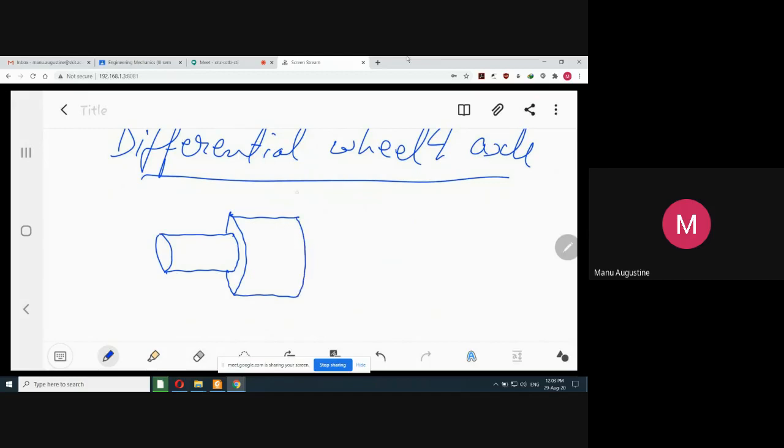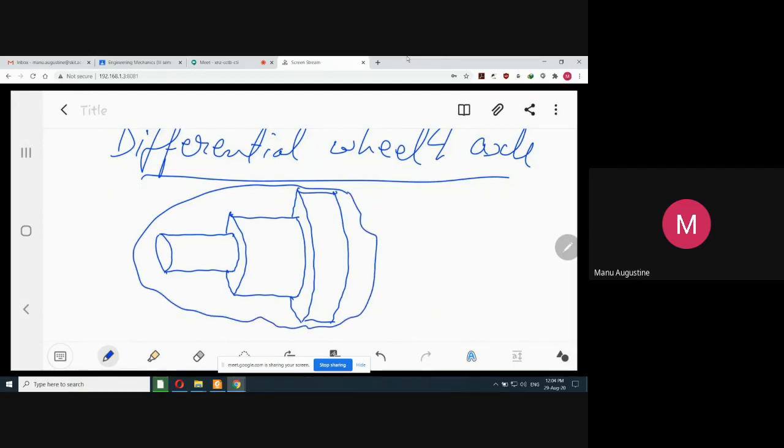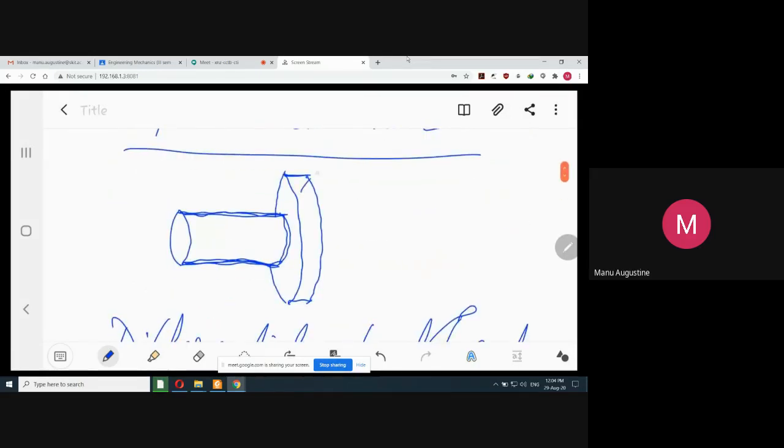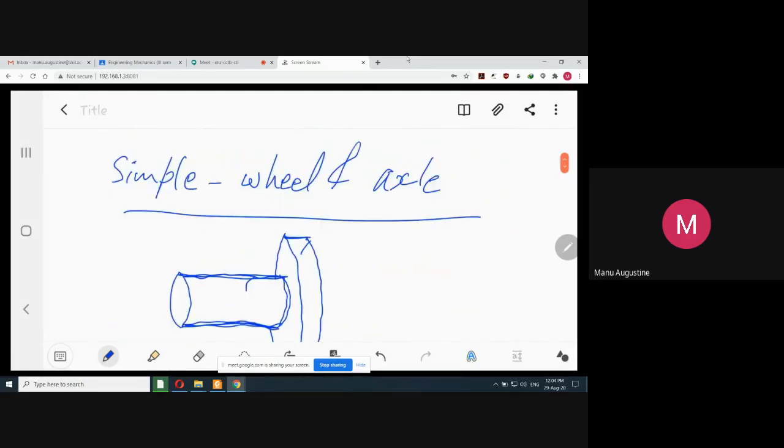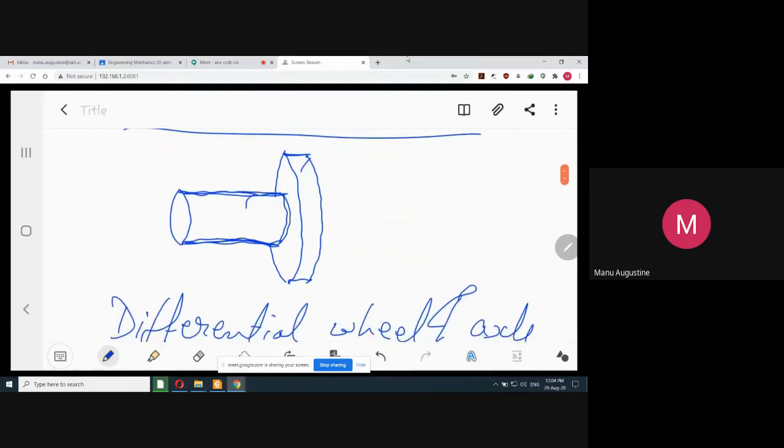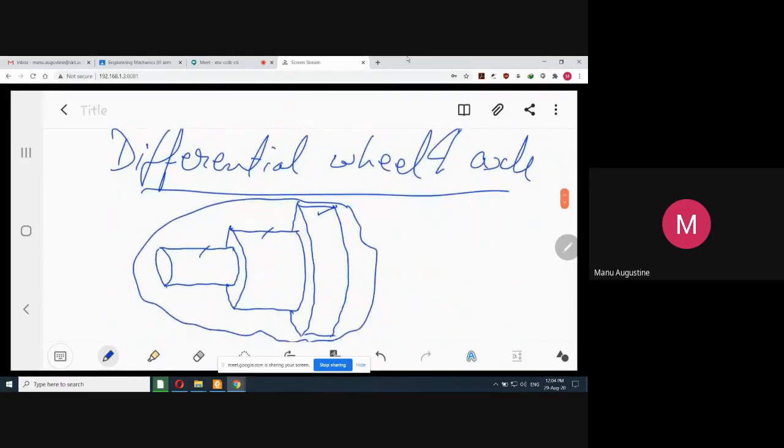And at the end of this is fixed the main wheel where the effort is applied. So basically, if you look at it, this whole block is a single pulley block having three steps. Step number one, step number two, step number three. So this is a pulley block having three steps. This is a pulley block having two steps. So in a simple wheel and axle, you have basically a pulley block with two steps. In a differential wheel and axle, you have a pulley block with three steps.